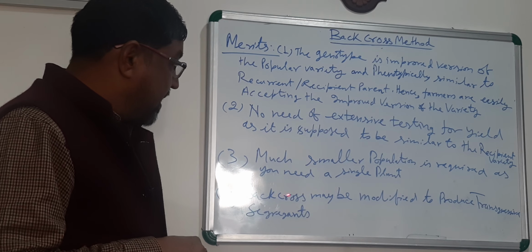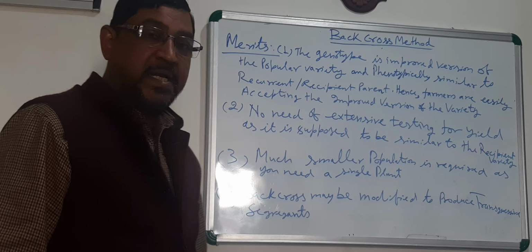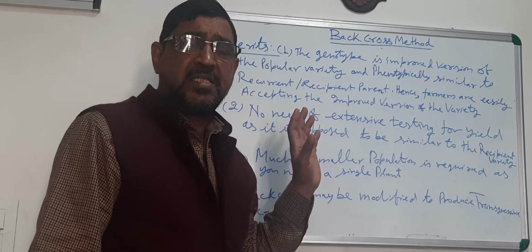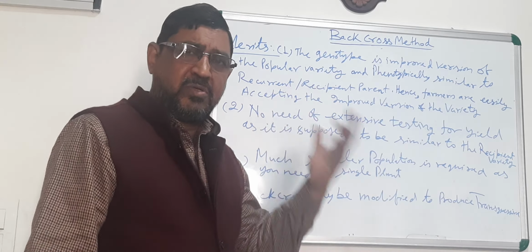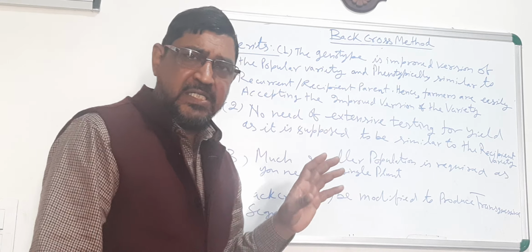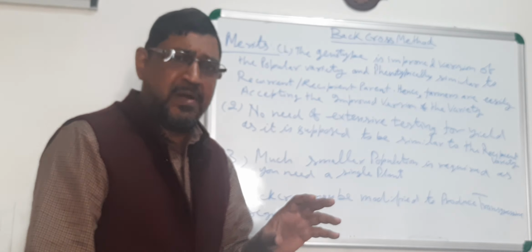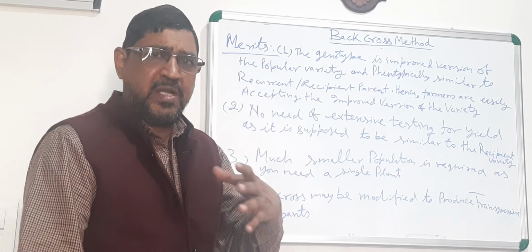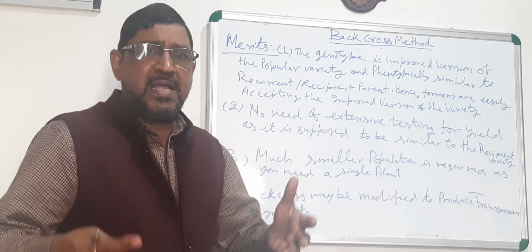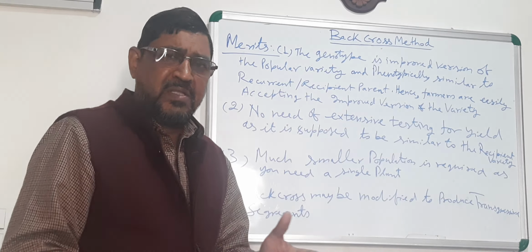Then fourth, backcross may be modified to produce transgressive segregants, though it is not considered in transgressive breeding, because the meaning of backcross breeding is to correct the defects of the popular variety. But through some modification, if you have got BC1 and then cross it with a third variety, you get more variability. Then you backcross with the recurrent parent.